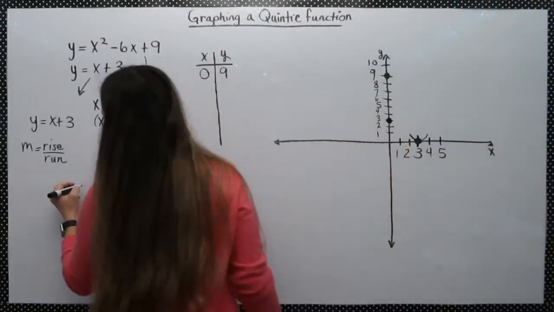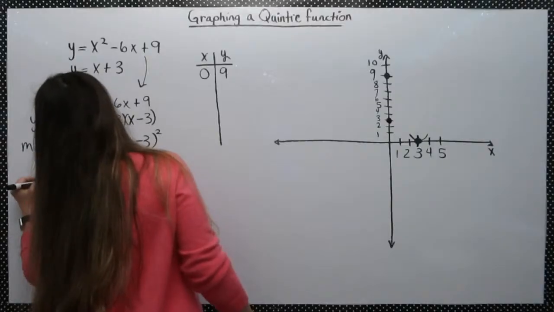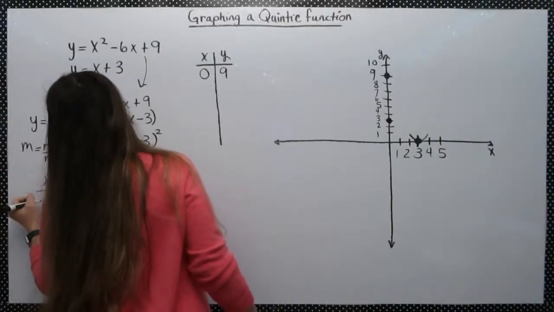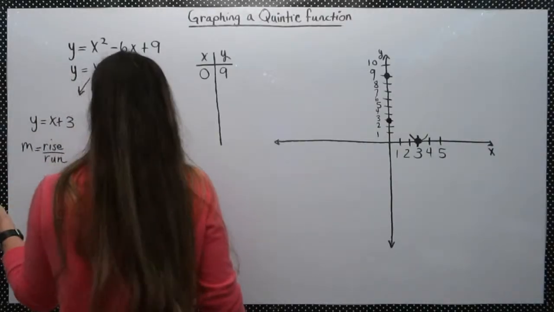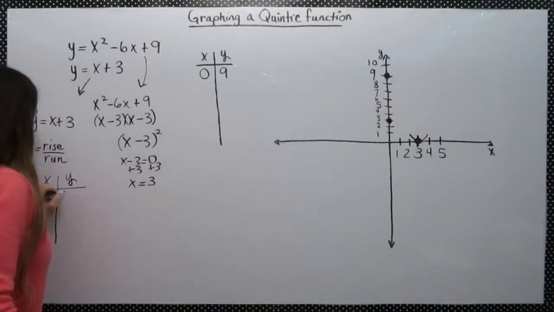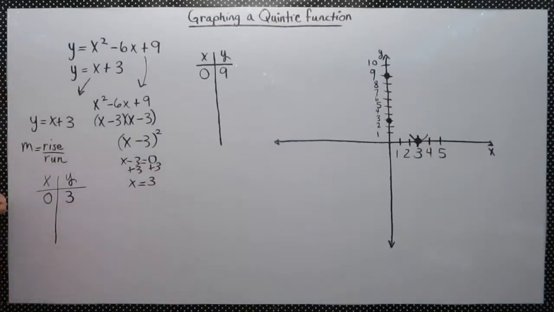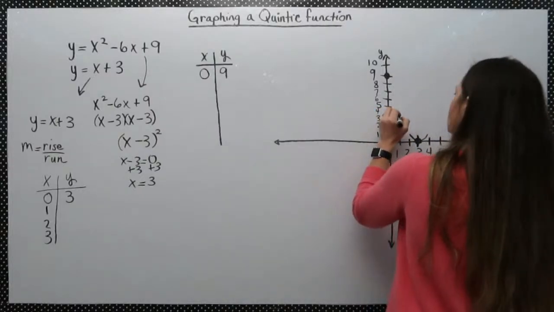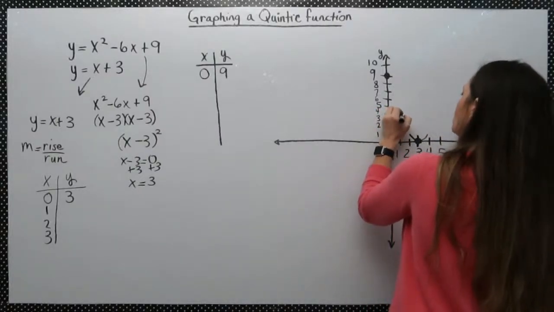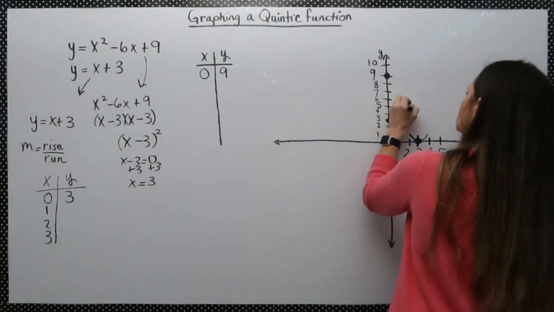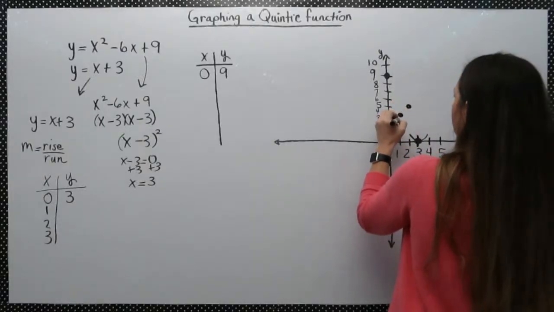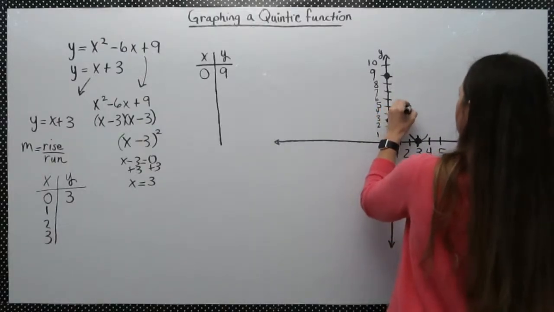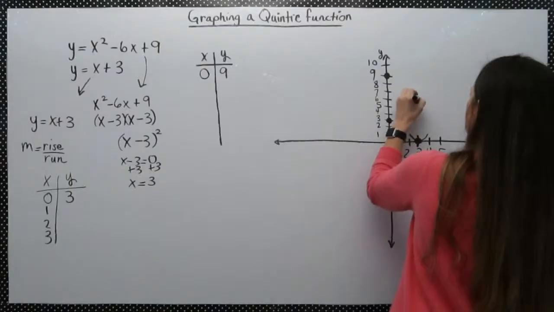Let's see, we'll put this table over here. When x is 0, y is 3. And then if we have even a couple more points, we've got rise over run. So that's going to be 1, 4; 2, 5; 3, 6.